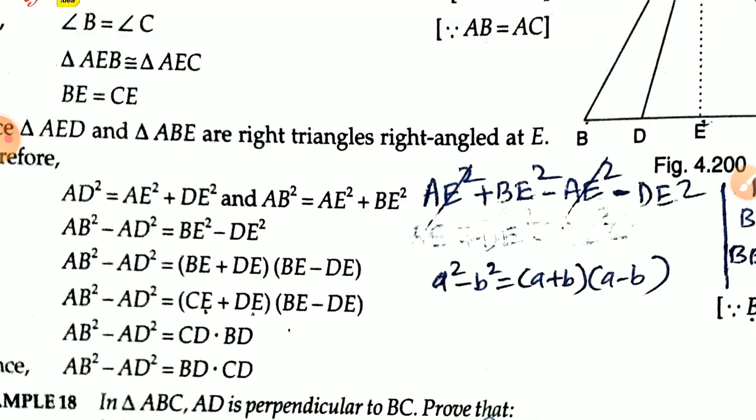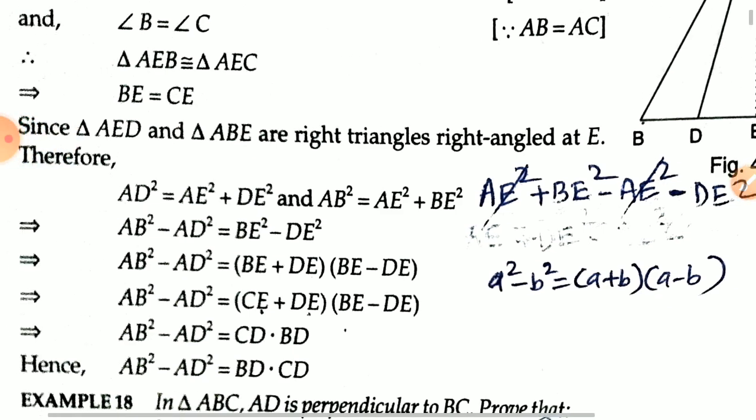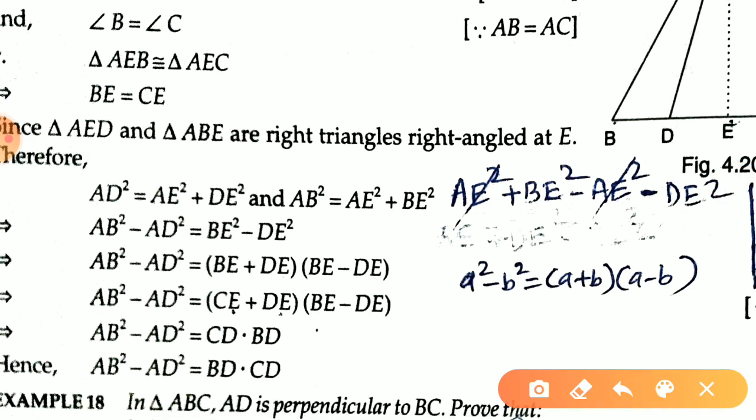Then we will get AB square minus AD square is equal to CE plus DE, because we have proved here that BE equal to CE, and instead of BE we have written CE, so CE plus DE into another bracket BE minus DE.